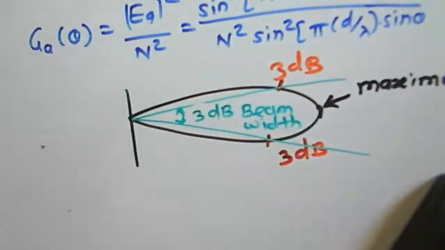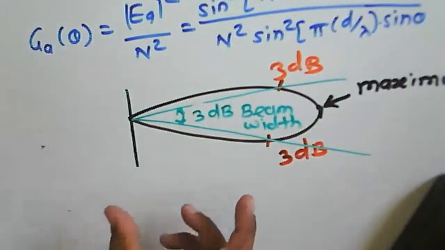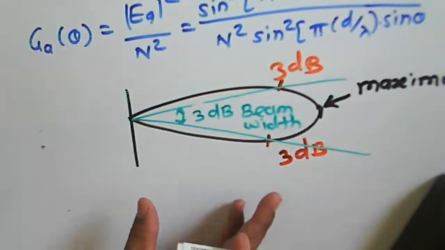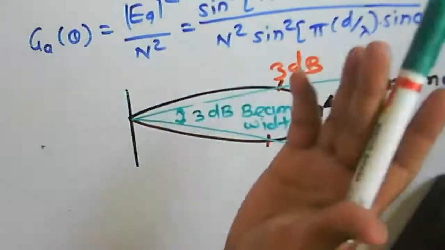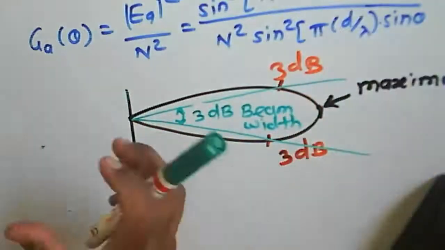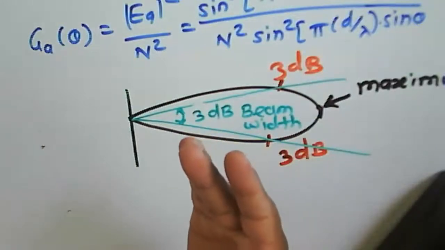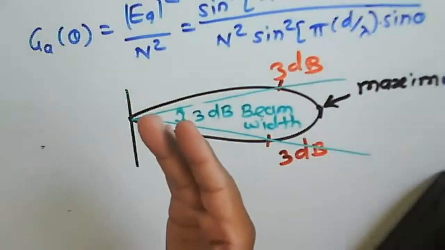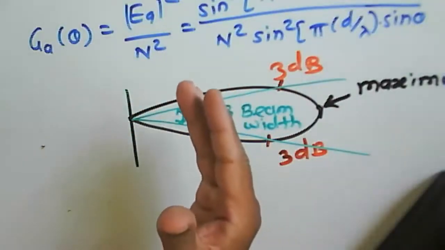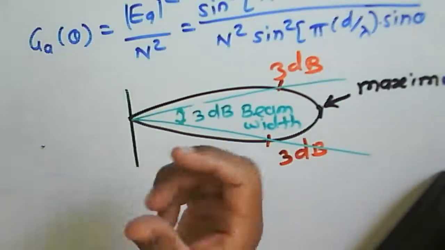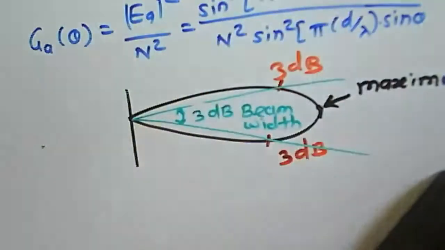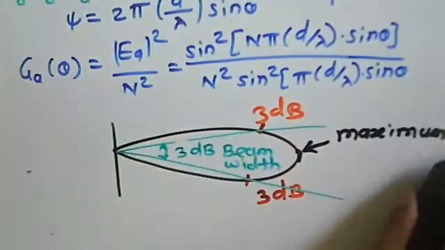Now what will be the maximum beam width, in which direction are we getting the maximum beam width? Generally we can consider a factor of the beam width, and that will be based on this particular component here.